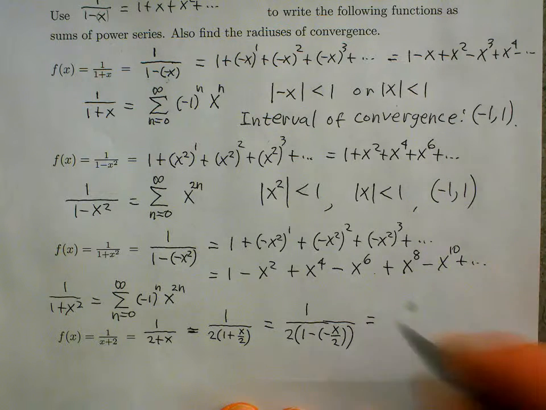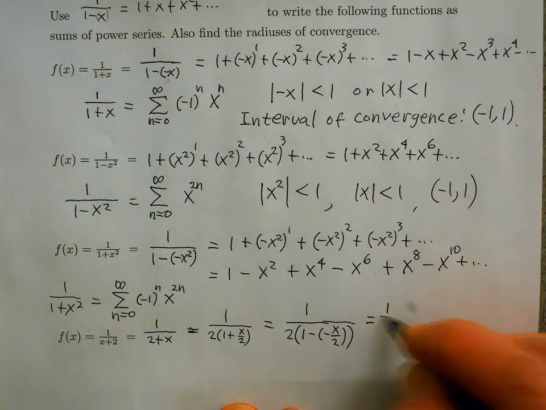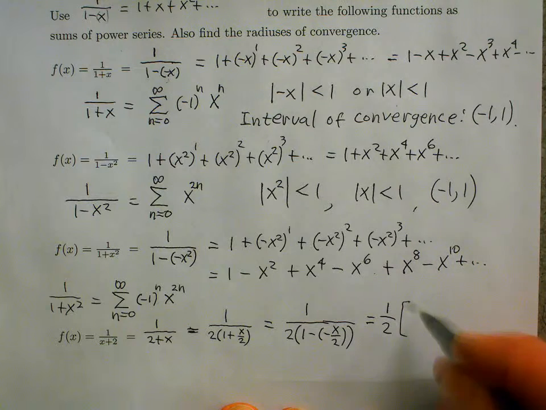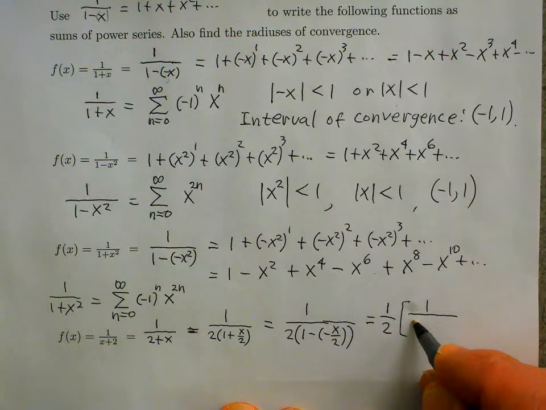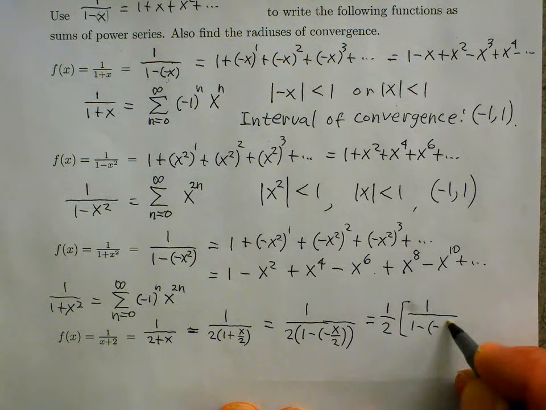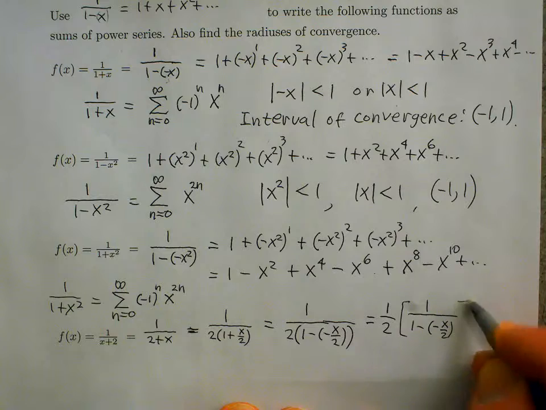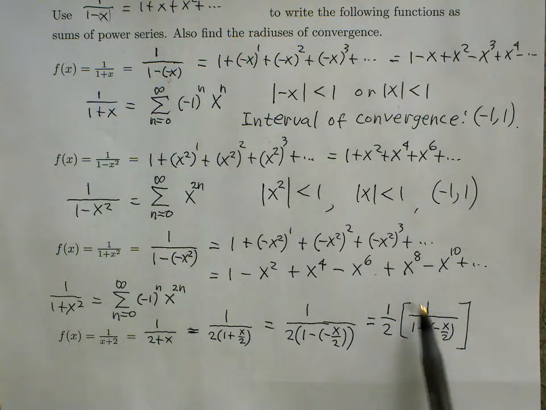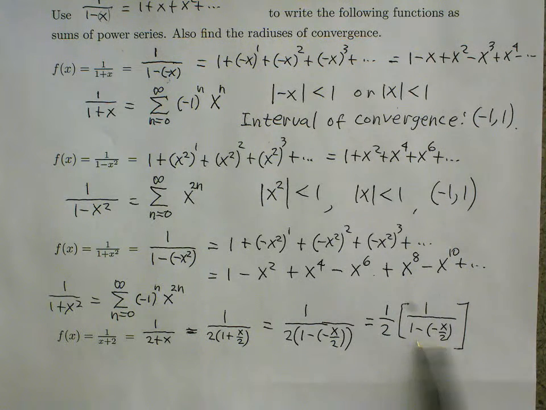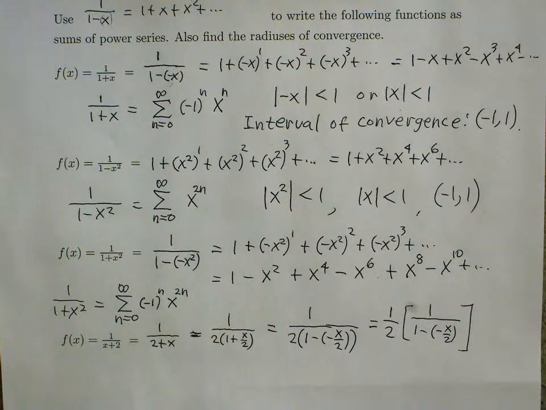And for now, we'll just multiply 1/2 times 1 over 1 minus the term negative x over 2. Okay, so inside the brackets, 1 over 1 minus the term negative x over 2, we're going to find a power series representation for this the same sort of way that we've been doing already.